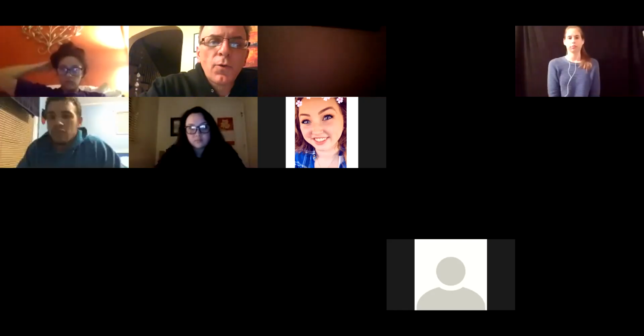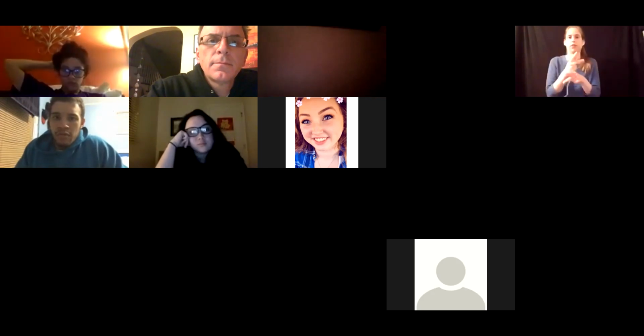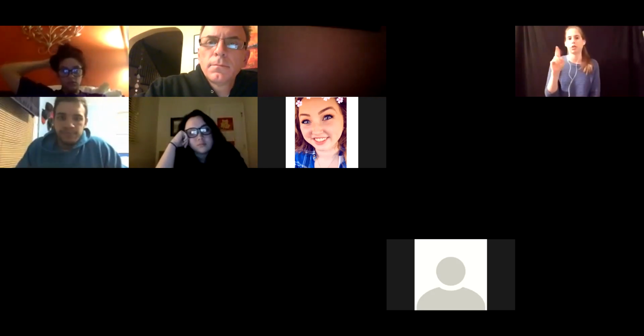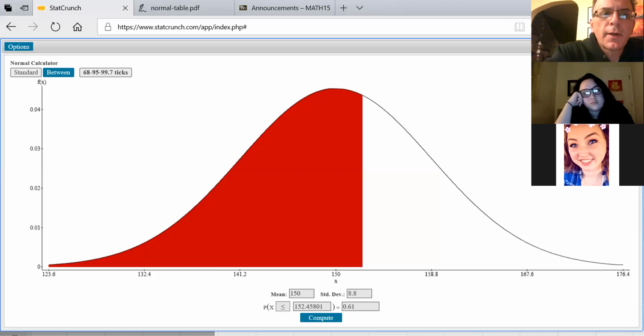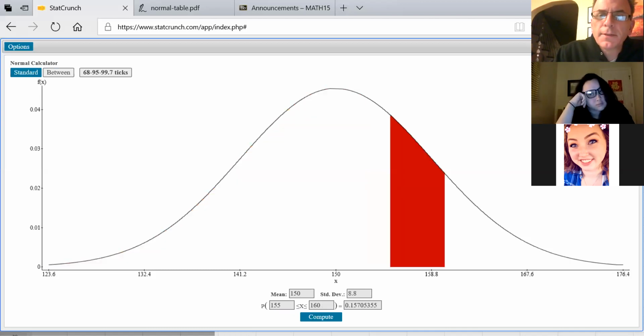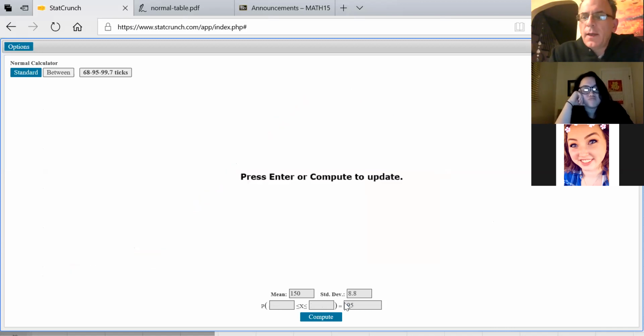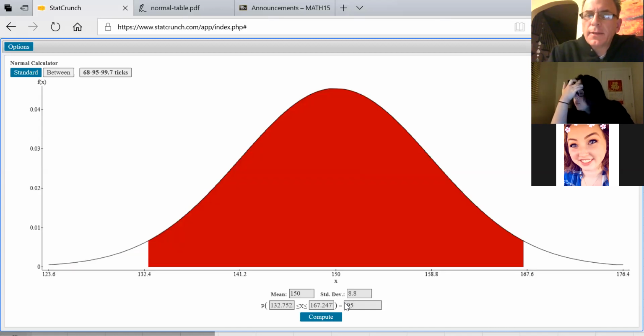We can do this in StatCrunch. To show you how, we're going to go to Between. But instead of putting in values, I'm just going to put in 95% over here, 0.95, and it's going to give me the 2 values that I need to go between in order to get that. So what values are going to represent the middle 95%?